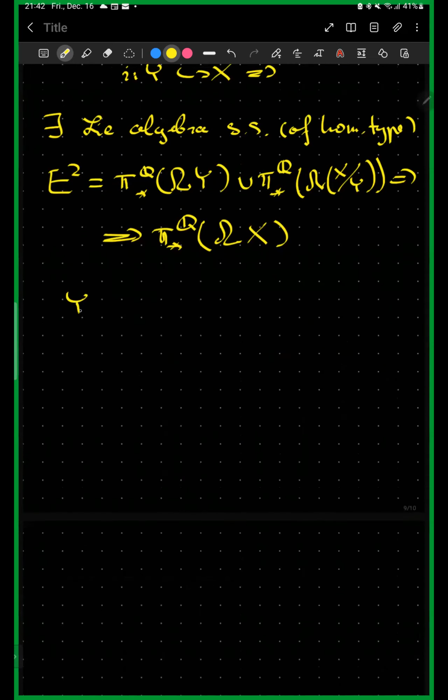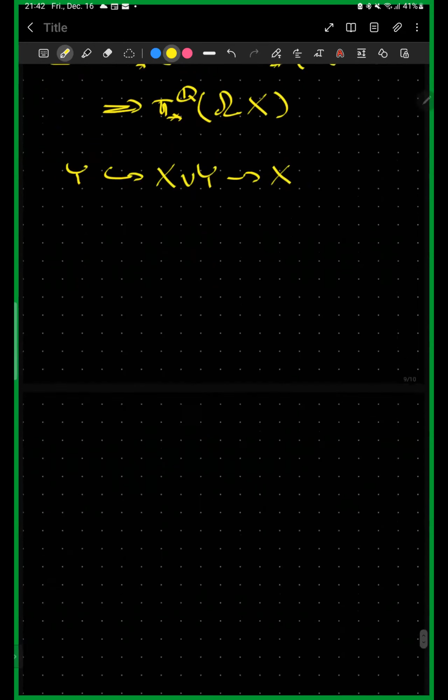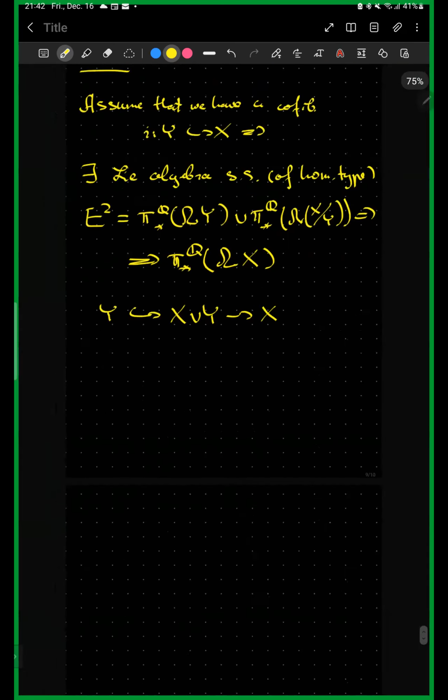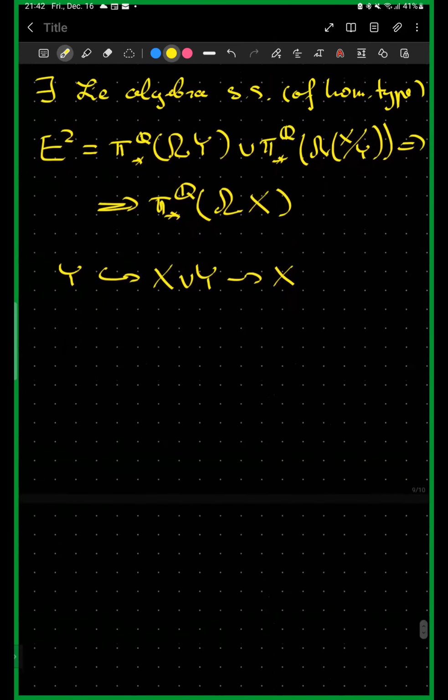Of course, the previous case is just a particular instance of this result. If we actually have a cofibration like this, then it splits as a co-product and the spectral sequence collapses, and we just get that the homotopy groups of the wedge are the same as the co-product of the homotopy groups of each of its factors.